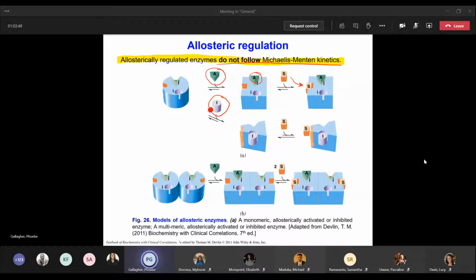On the other hand, you have your inhibitor. Your inhibitor binds to the allosteric site. It also changes the conformation of the enzyme's active site and makes it less likely for the substrate to bind the active site. The thing that makes it a little bit special is that sometimes it works as 2 or more subunits.